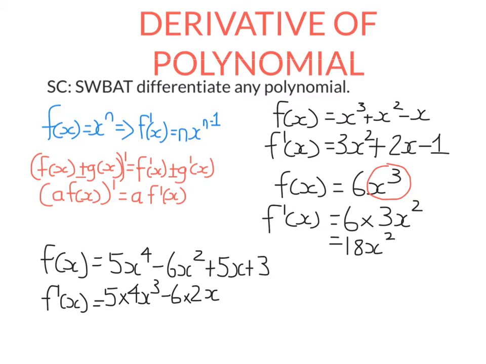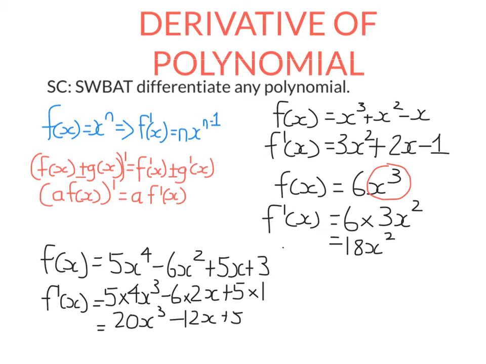So it's just x. So the derivative of 5x is just 5 times the derivative of x, which is 1. And of course, the derivative of a constant is 0. So I'm not going to do anything with that 3. So just making this easy to work with, of course, 5 times 4 is 20. So the derivative is 20x cubed minus 12x plus 5.